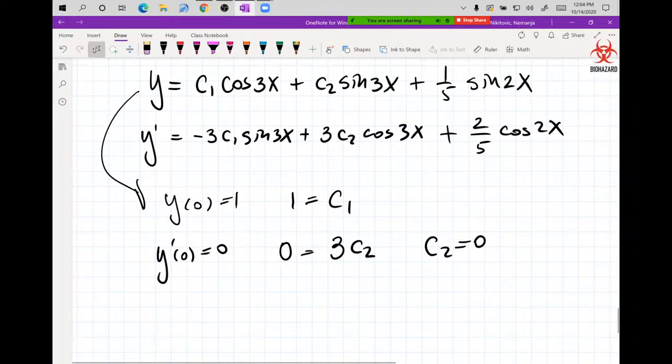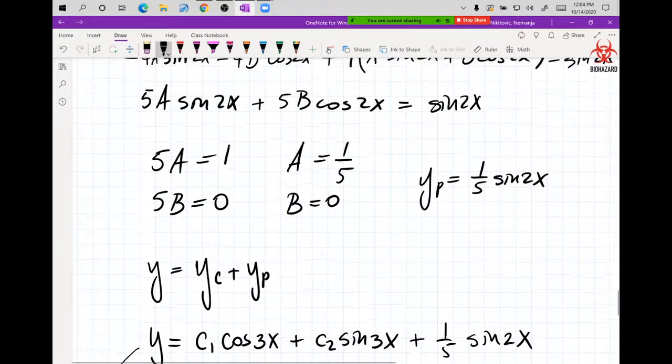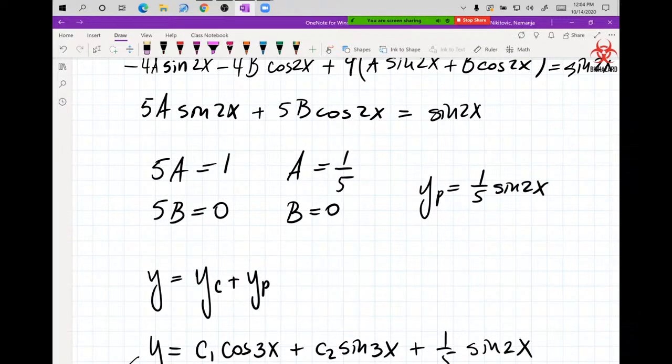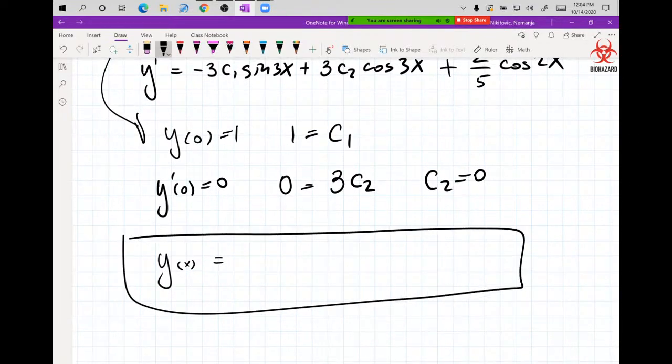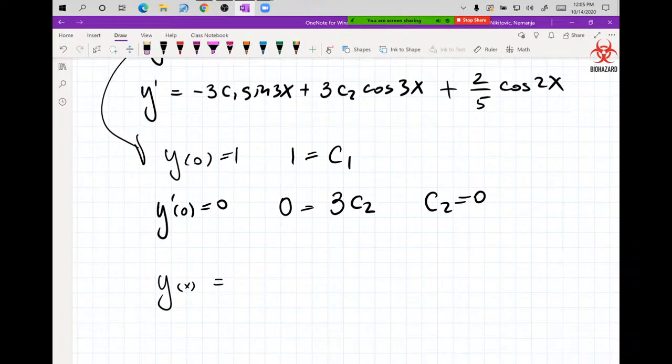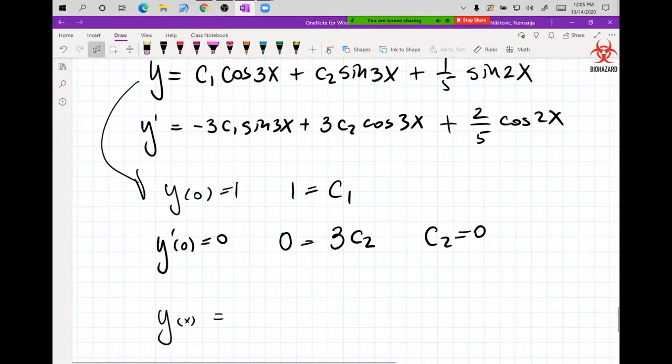So what do I have for the solution now? It is going to be y of x. And now it's kind of bad to use particular because particular was already used as a name for the solution when you compute everything at the end. So your C1 is 1, so that's just going to be cosine 3x.